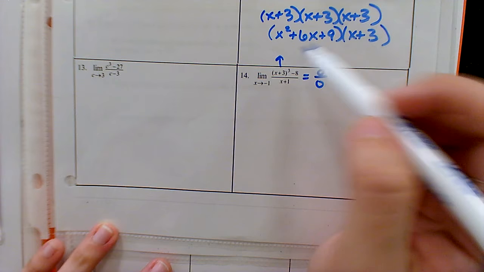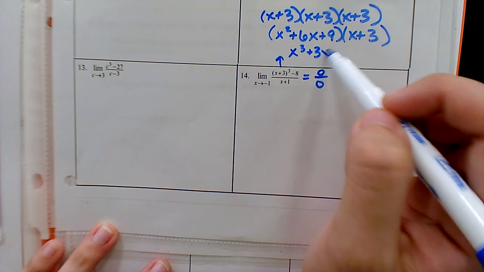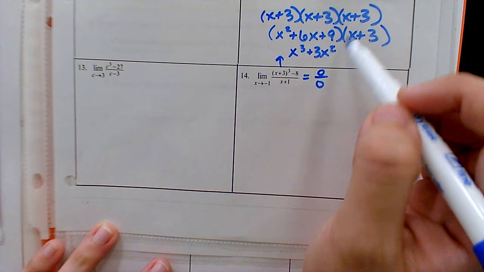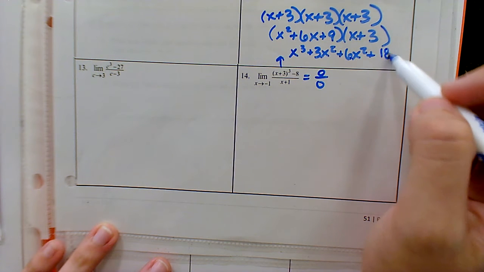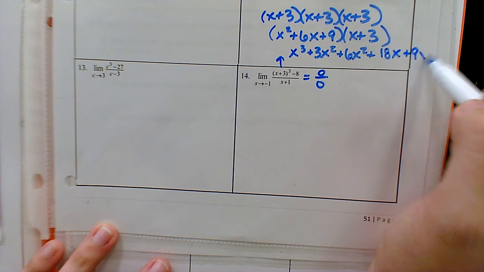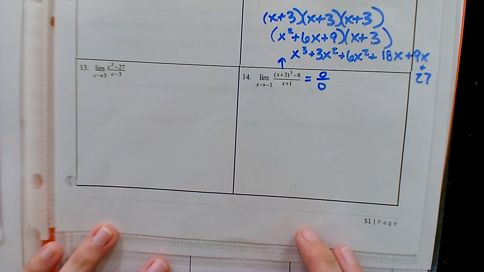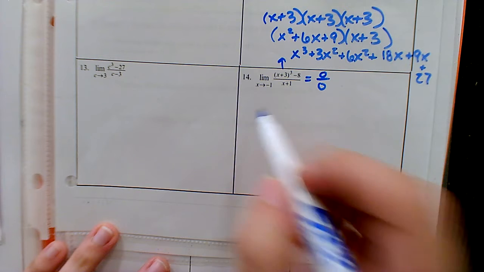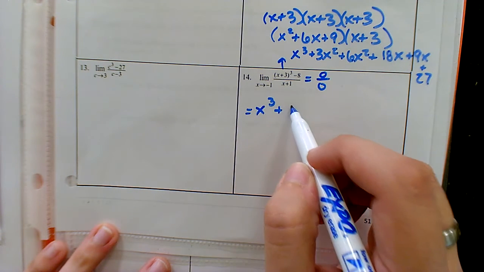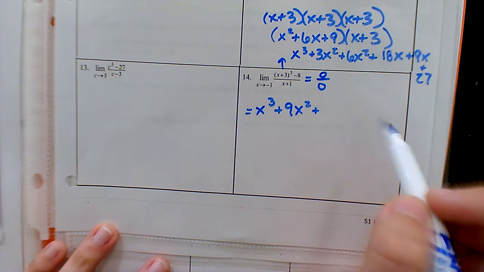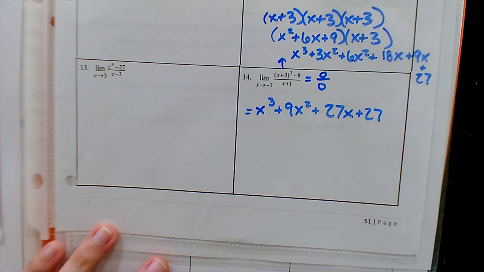So x squared times x, we got x cubed. X squared times 3. Next we can bring in the 6x. And then lastly the 9. So combining some like terms, we have x cubed plus 9x squared plus 27x plus 27.